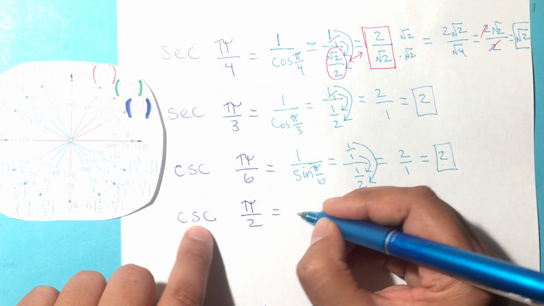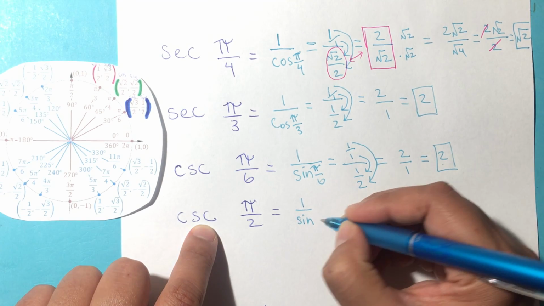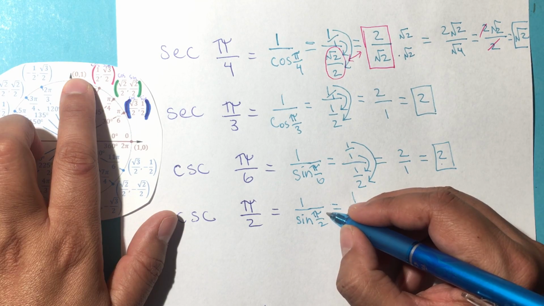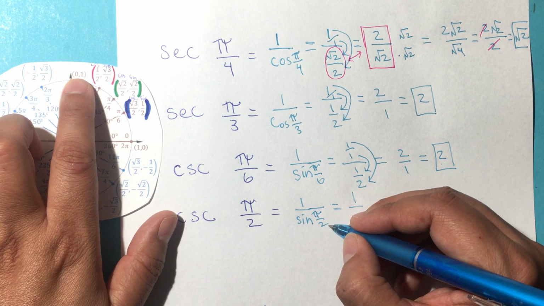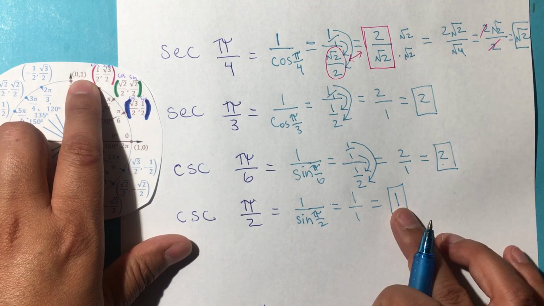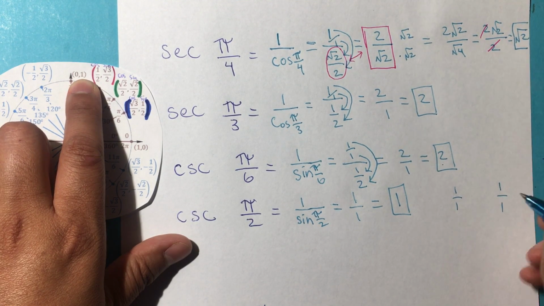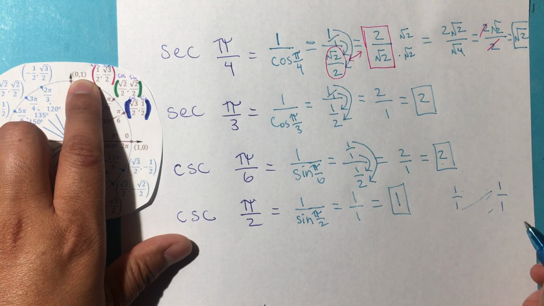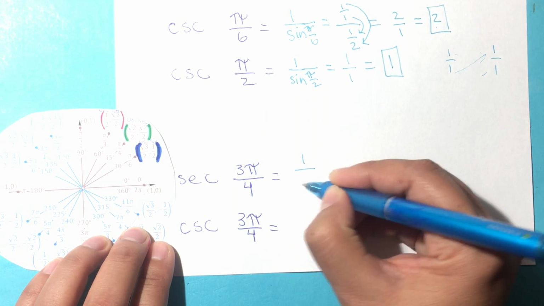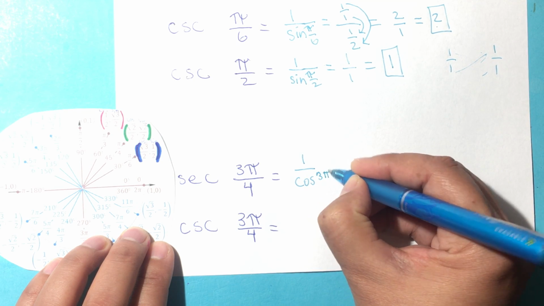The next one, cosecant, doesn't have a co in here. It only has 1 over sine of pi over 2. The sine of pi over 2, sine is the second value, which is a 1, and 1 divided by 1 is 1. 1 is always reciprocal of each other because 1 over 1 is the same as the reciprocal of 1 over 1. Secant, 1 over cosine of that same angle.